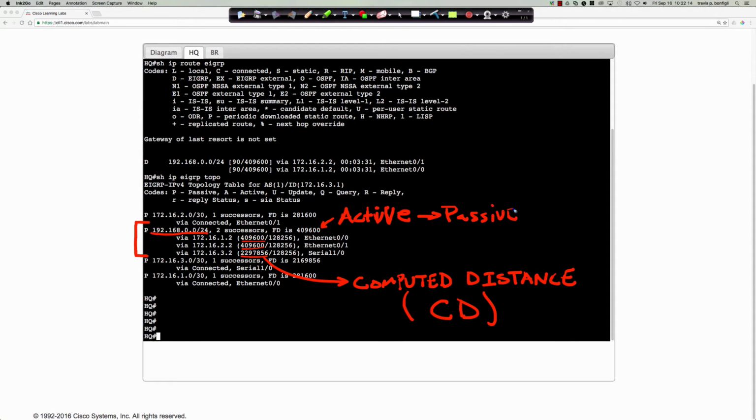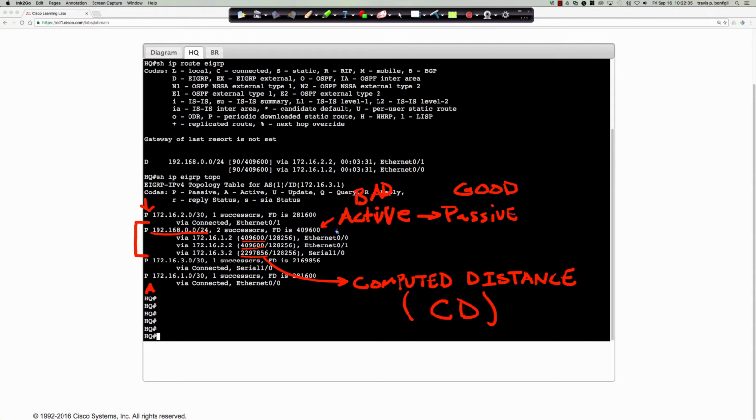And the passive state being represented with the letter P, and active state would be a letter A, and active is bad because that means that the topology is converging. Passive is good in that the topology for that successor route is fully converged.